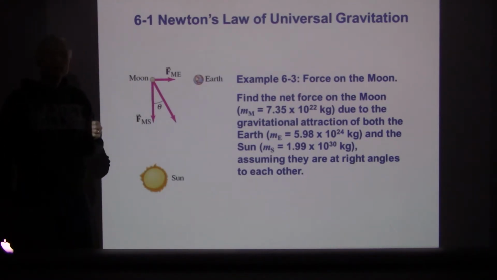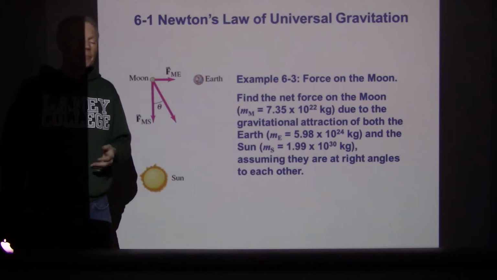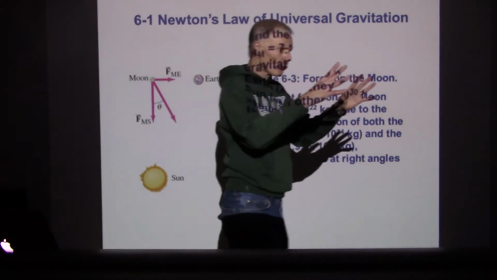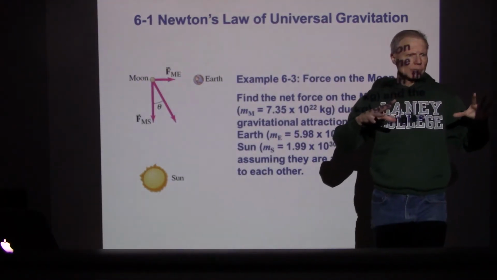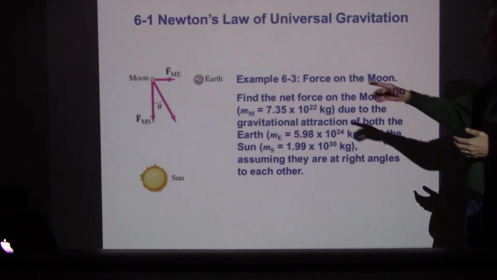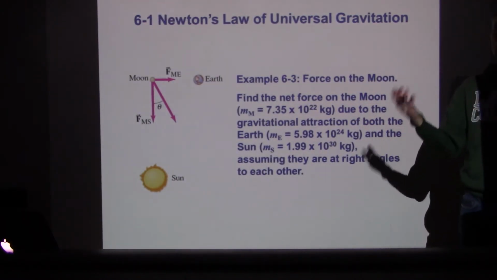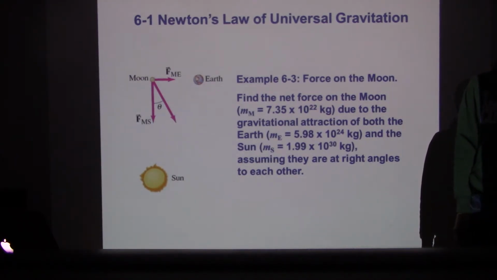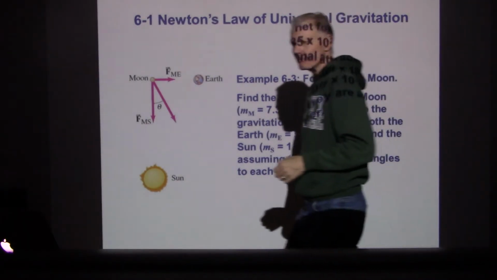From the moon's perspective, there's Earth, which has a lot of mass and is relatively close by. And then there's the sun, which has hundreds of thousands of times more mass, but it's also 400 times as far away. So let's take a look and see.